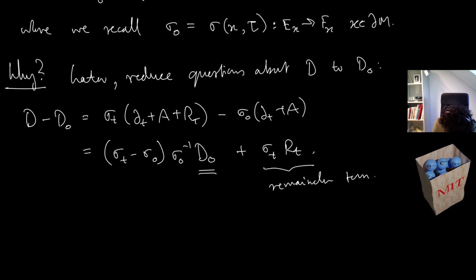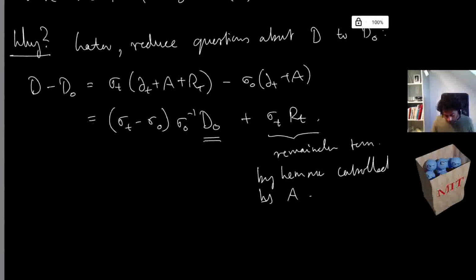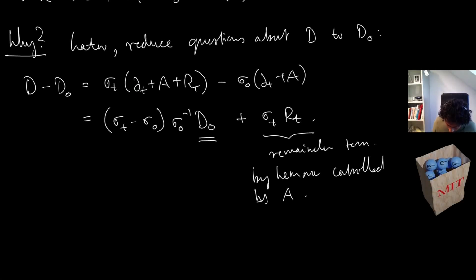And this is, as we saw in the lemma, controlled by A. Okay, we have a precise way of controlling this remainder term. So we will get back to this. We won't look at this right now, but I just want to outline a roadmap of why we're doing all of this. The main point is that we can reduce the questions about D to D naught.